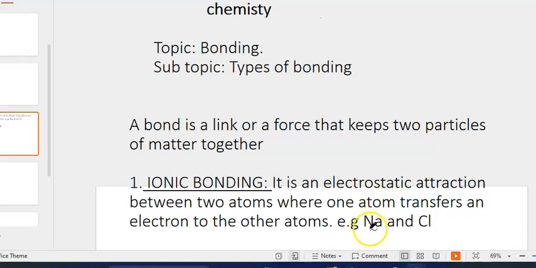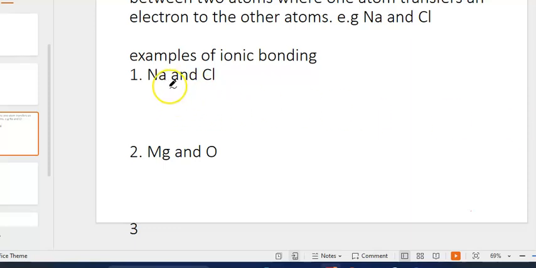For example, we have sodium and chlorine. Sodium is a metal, and chlorine is a non-metal. The type of bond that occurs between a metal and a non-metal is what we call ionic bonding. So how do these elements get bonded together?